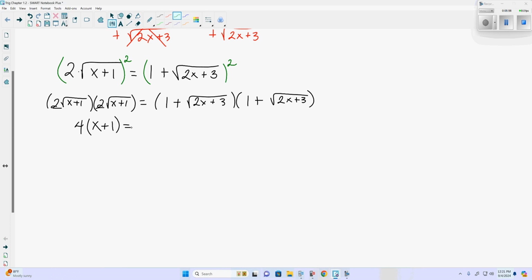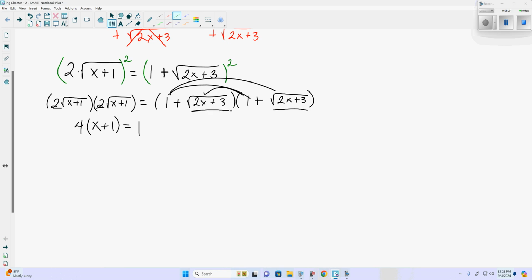Now the other side, we do have this full thing here. Now since 1 and our radical are being added, we are going to have to distribute this out. For simplicity's sake, I am going to end up skipping some steps. 1 times 1 is 1. 1 times our square root would just give us this square root back.